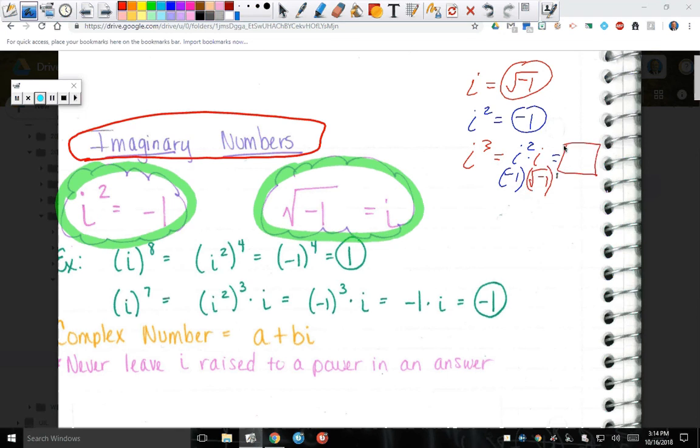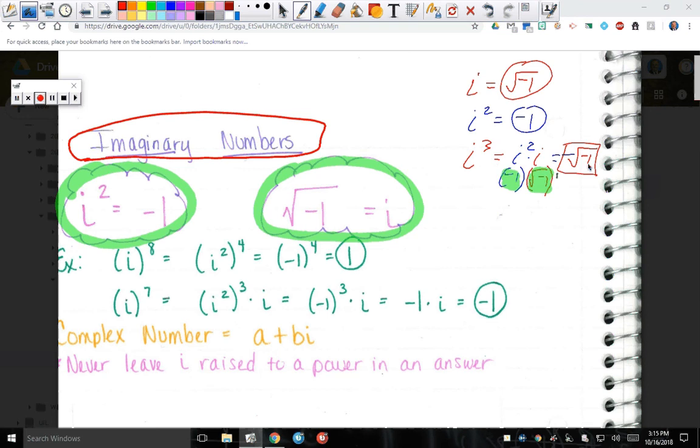So what would this equal right here for i cubed? What's this negative 1 multiplied with the square root of negative 1 going to give me as a final answer? And don't be afraid, just say it out loud. Not a positive one, only because this negative is on the outside. So it's going to be a negative square root of negative 1. You with me? The negative is on the outside.